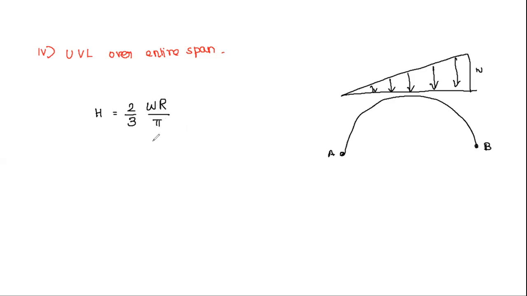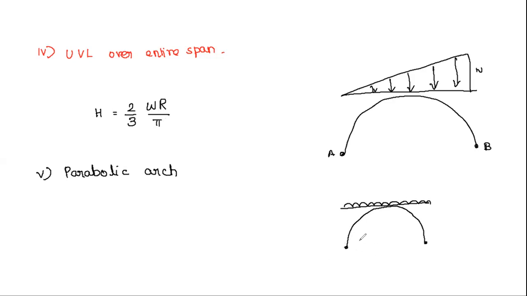As a fifth condition, a two-hinged parabolic arch. What we have seen so far is for a semicircular arch. So a two-hinged parabolic arch having UDL throughout the entire span like this.